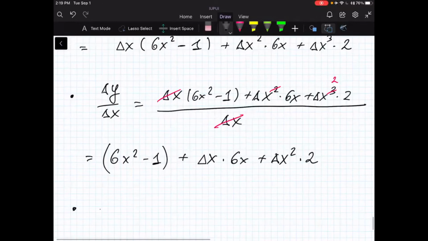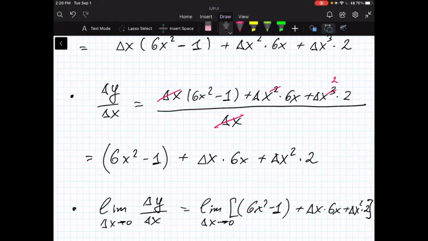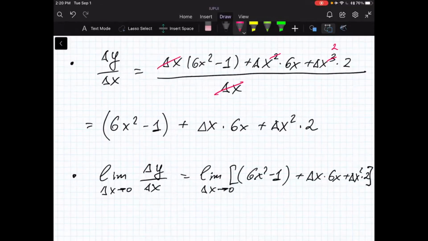And the last step is the limit of this expression when delta x goes to 0. It is the same as this limit: 6x squared minus 1 plus delta x times 6x plus delta x squared times 2. But again, we see that the first term doesn't contain delta x, while the second one does.